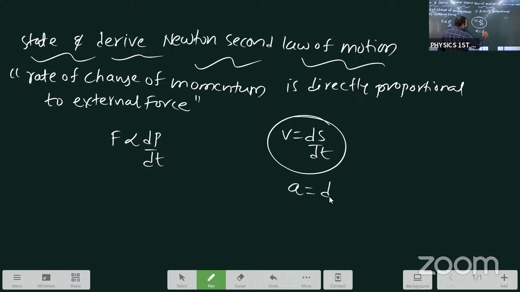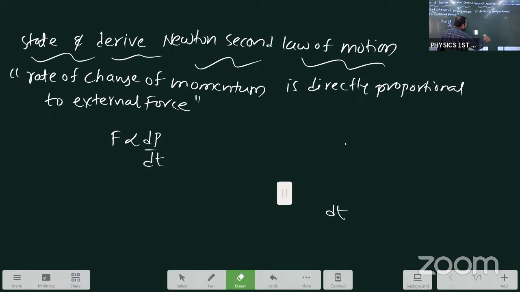Acceleration means rate of change of velocity. Everywhere rate of change means change with respect to time, because in physics every parameter changes with respect to time. You are writing rate of change of momentum directly proportional to external force. P stands for momentum.